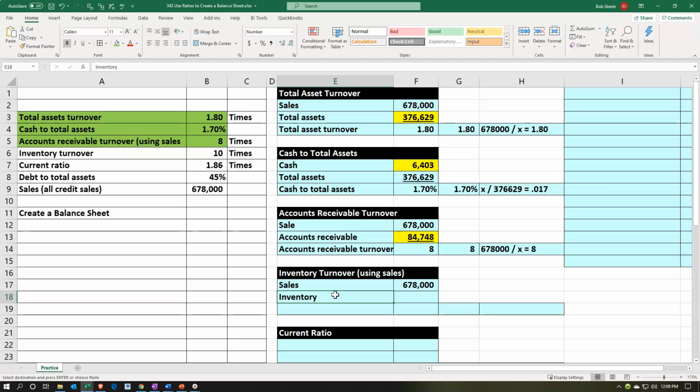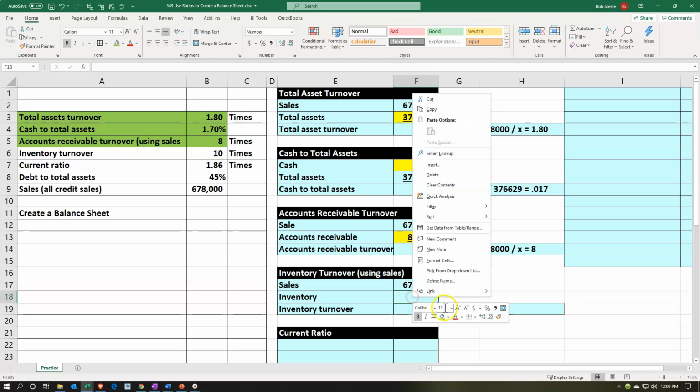Therefore, you might have average inventory, depending on the formula, which would be beginning inventory plus ending inventory divided by 2. Now, that's going to give us the inventory turnover, which we know to be 10, the unknown then being the inventory.